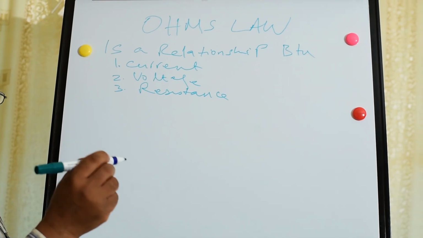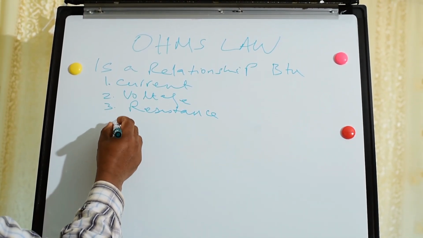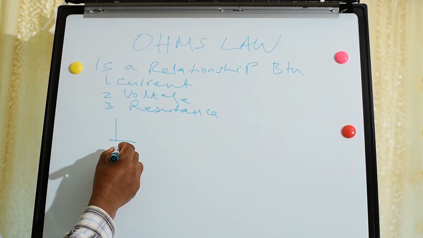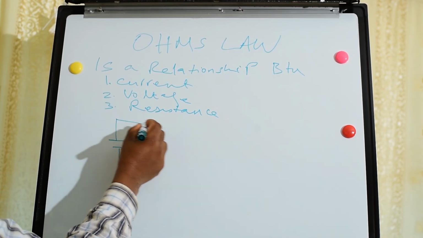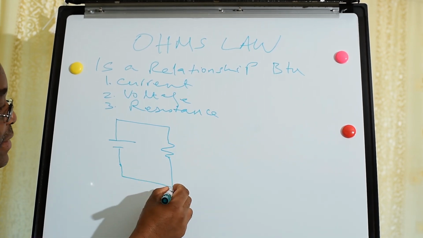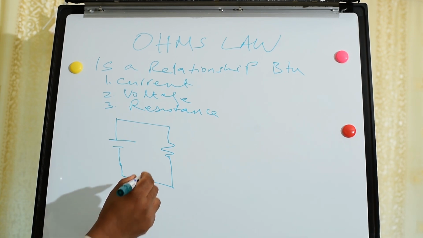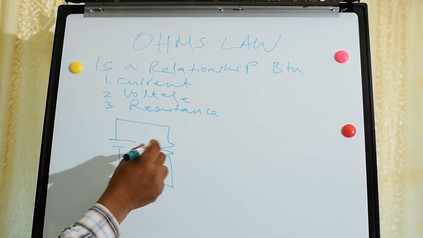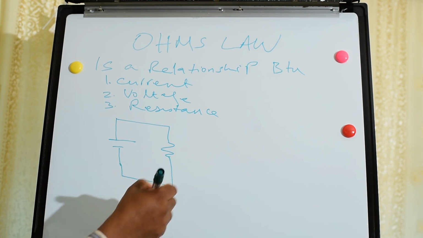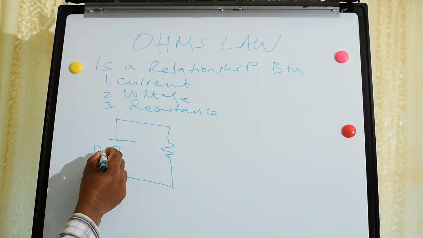We'll start with a simple circuit with 1 resistance. We have our battery here as a power source. Then we have our resistor here, and this is a circuit. We learned in lesson 1 that a circuit is a closed loop of electricity flow. It's a 12-volt battery.